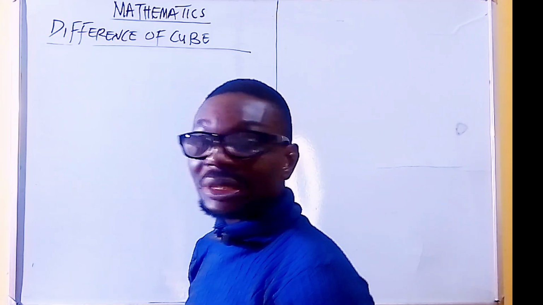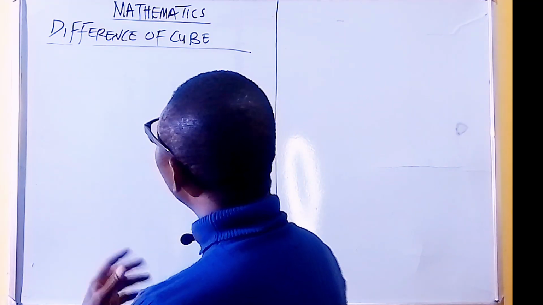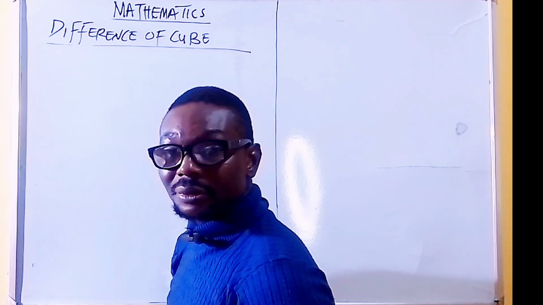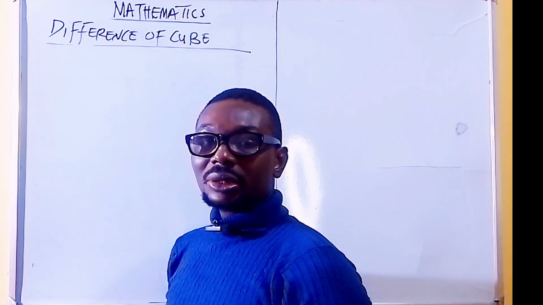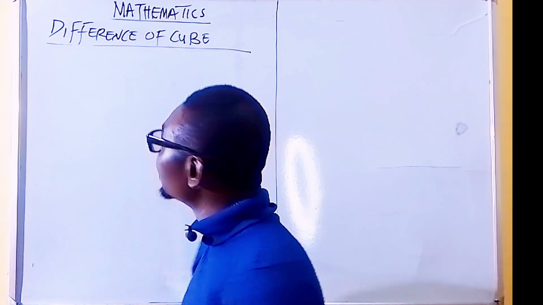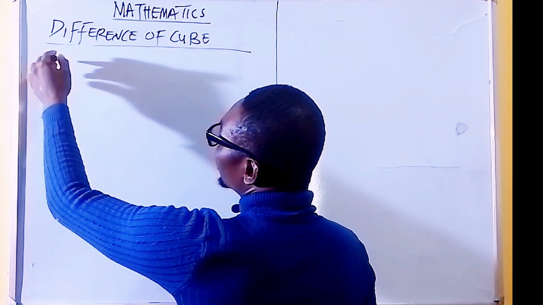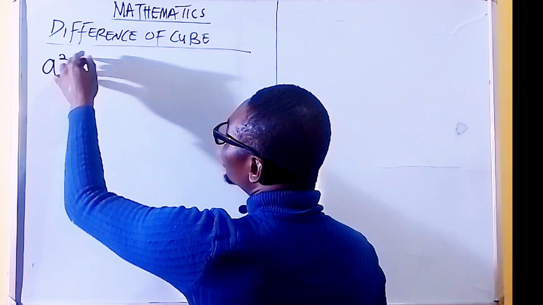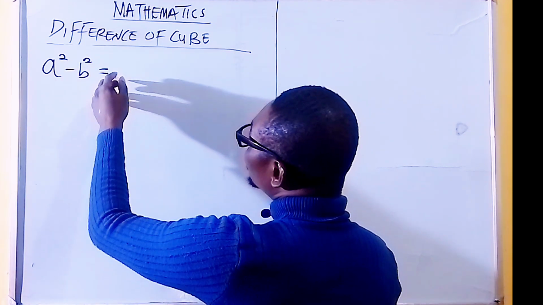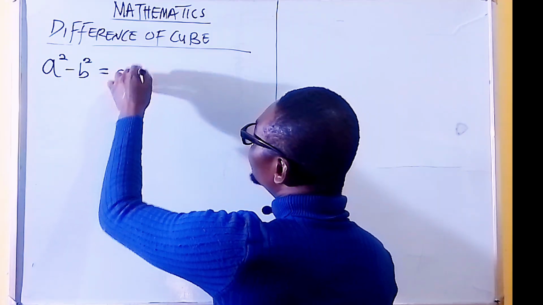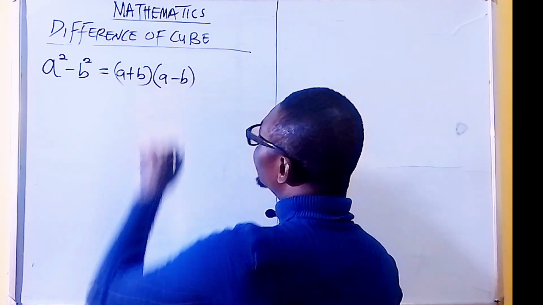Today I'm going to be teaching you difference of cube. But before I dive into difference of cube, I need to remind you of difference of two squares. For instance, when you have a raised to the power 2 minus b raised to the power 2, it can be factorized to be a plus b into a minus b.